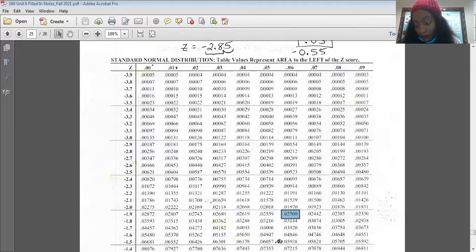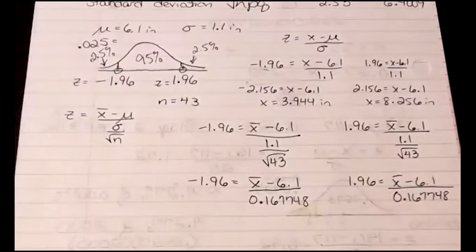Oh, yeah. Good. I got it. Perfect. So you always go to the table and you look inside, since these values inside are the area to the left of the z-score. So that's why we say negative 1.96. And then, of course, because it's symmetric, that means the other z-score is going to be a positive 1.96. It's both positive and negative.